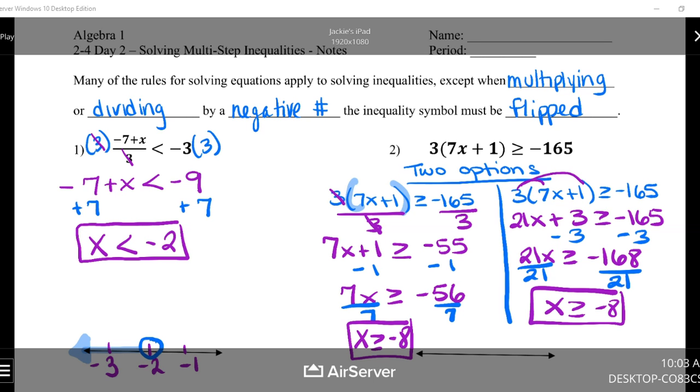Okay, again, a benefit of dividing first is it keeps all of your numbers smaller, but a benefit of distributing is it's following the same steps each time. So it's up to you. So it is going to be filled in at -8 because -8 is included in the possible solutions, and shaded to the right to show all values greater than.